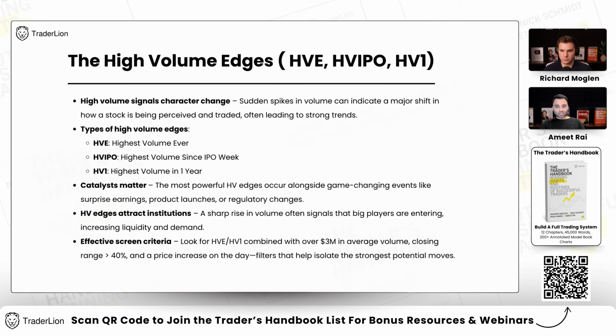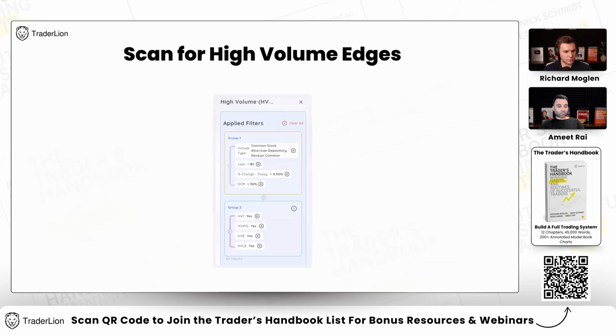There's something amazing that's happened, and institutions show that by participating, and participation in the market shows in volume, right? And price. So a very simple screen. We've built all of these into DeepView. If you use that, you could scan for each of these characteristics, the HVE, the HVIPO, the HV1. They're all present and scannable.